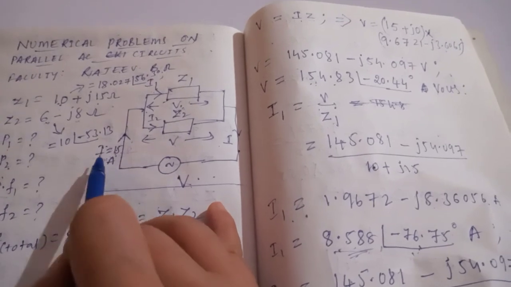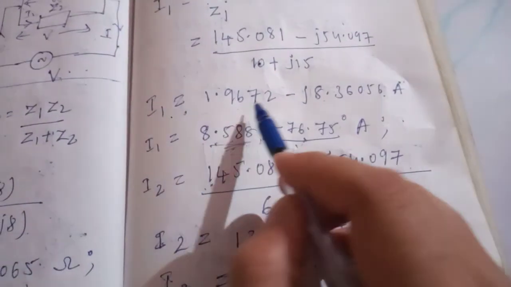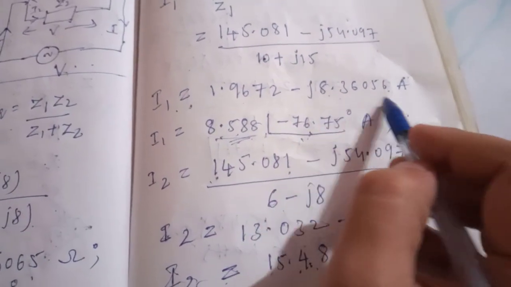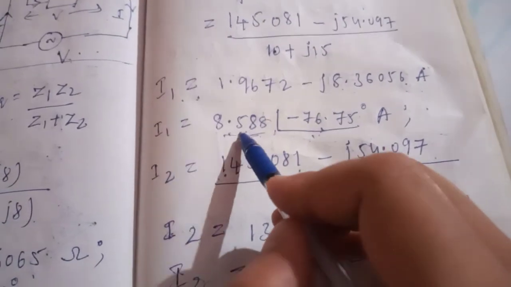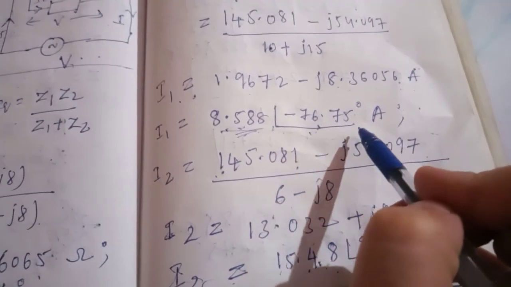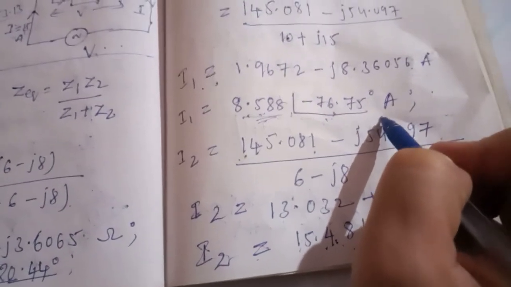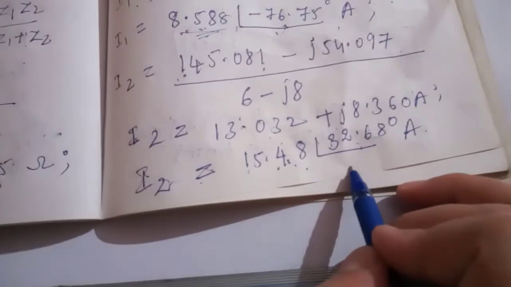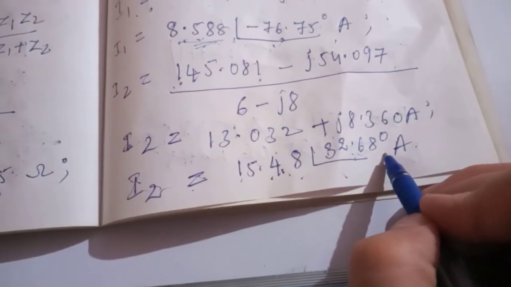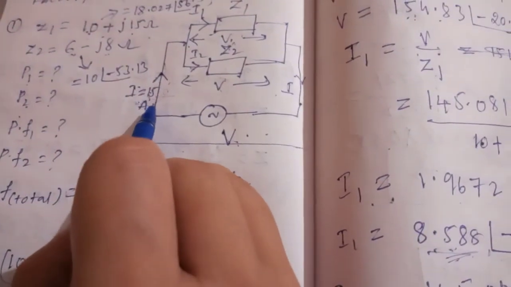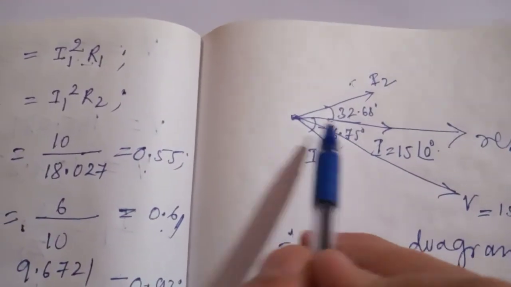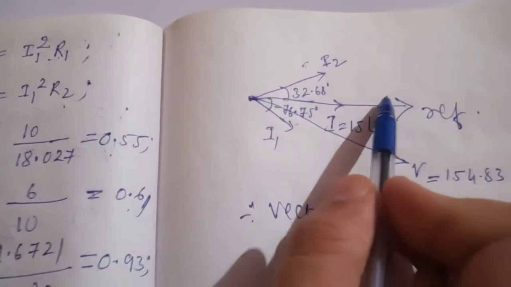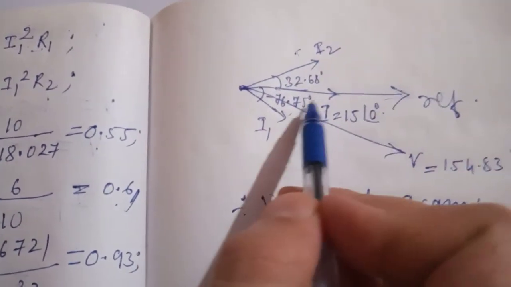So if you take I1 as 1.9672 minus j8.36056, or 8.58 at an angle minus 76.75, plus I2 at 32.68 degree with respect to the reference I equal to 15 at an angle 0 degree, then the resultant is the vectorial resultant.